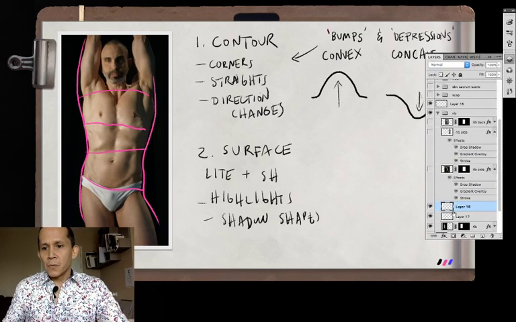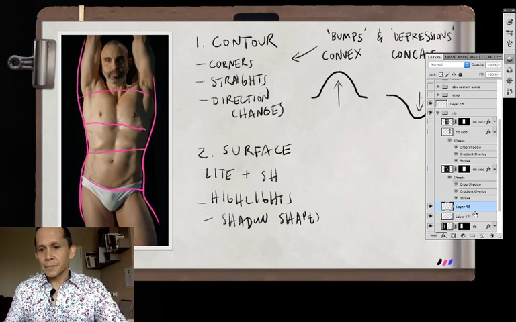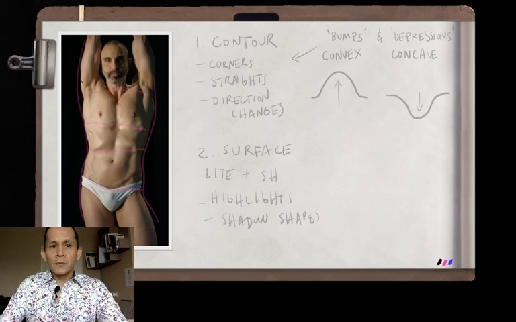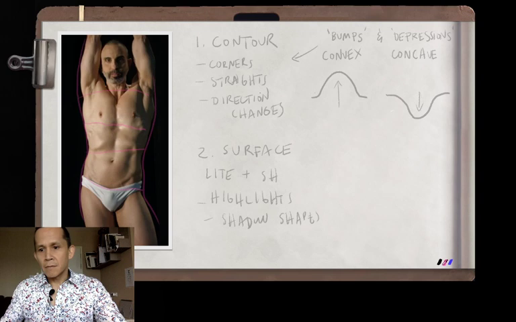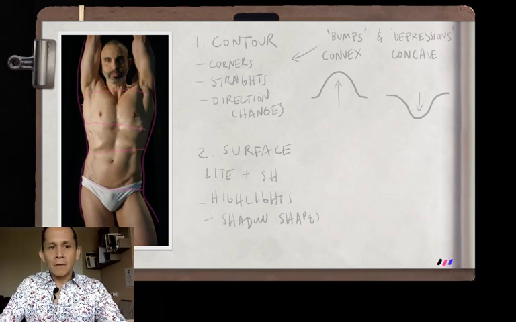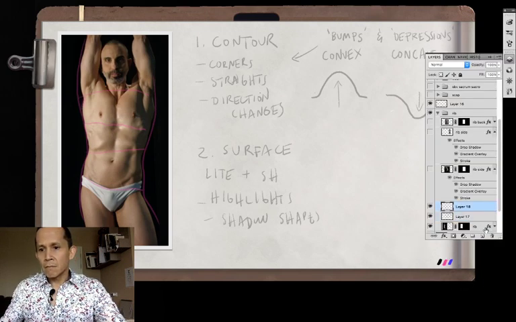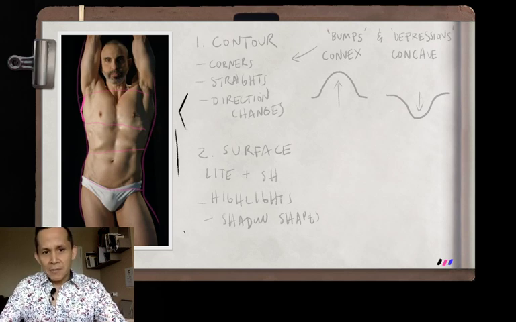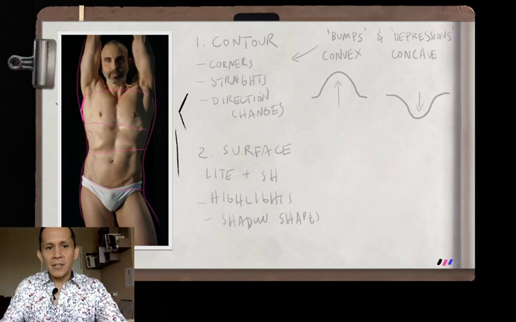So when we're on the contour, we're looking for corners, basically things that do this, and things that look and appear straight, things that change direction.